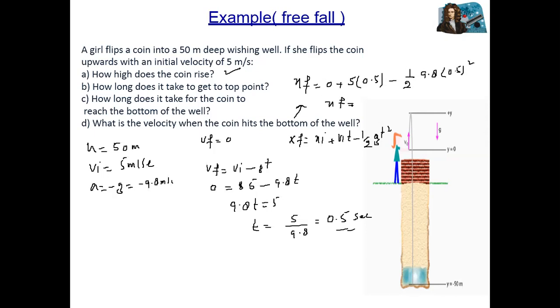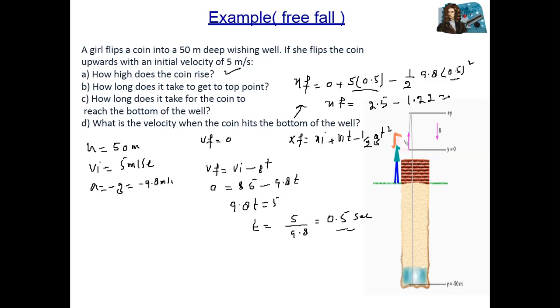Xf is equal to what? 5 multiplied by 0.5 is 2.5. 2.5 minus, first of all, 0.5 square is 0.25, then multiplied with 9.8, then divided by 2, equal to 1.22.